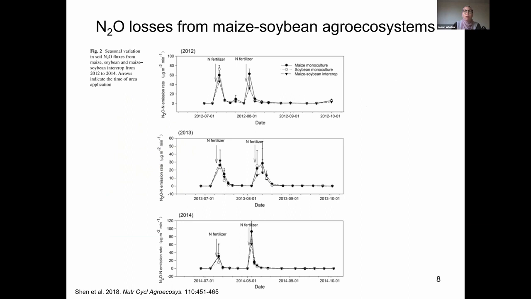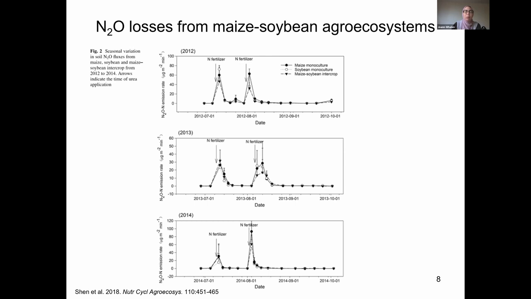And one of those forms that we're very interested in, we're very concerned about indeed, from the perspective of climate change, is the nitrous oxide emissions. The nitrous oxide emissions are very much dependent on having a nitrogen excess.